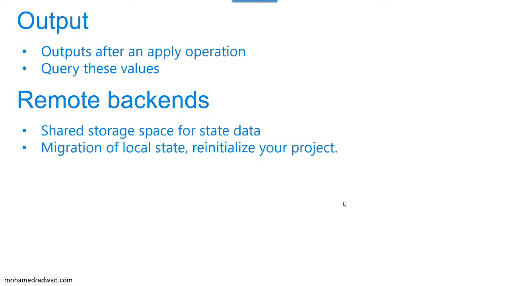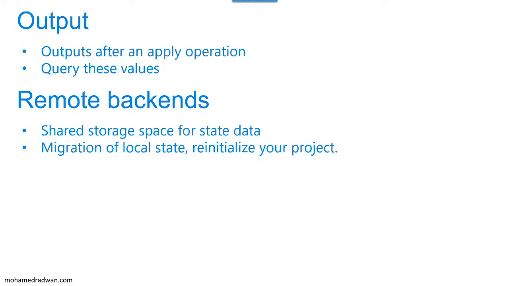Remote backend as well. As you saw, all we worked with was just a local state file which exists on my machine. But if I'm working with a team, then I must store that in a shared storage space for the state data, and it can be several services.